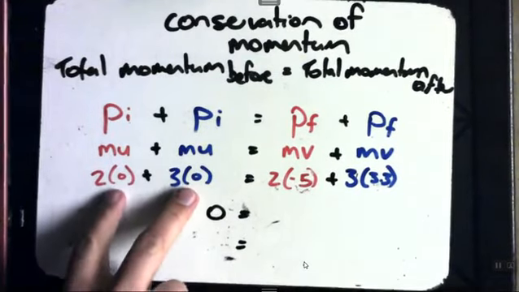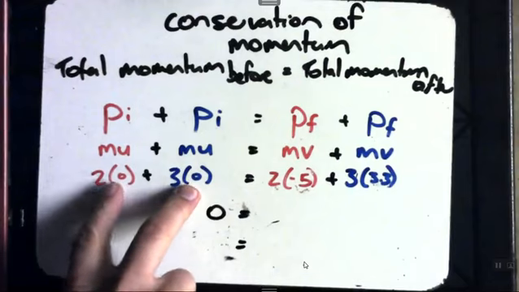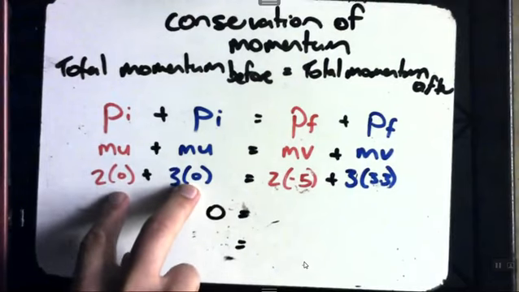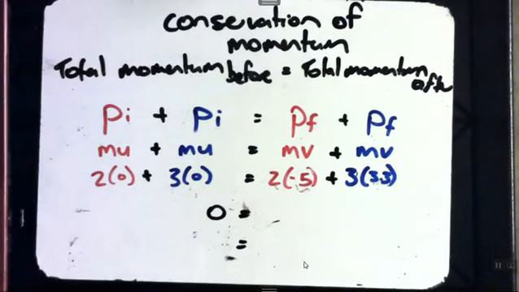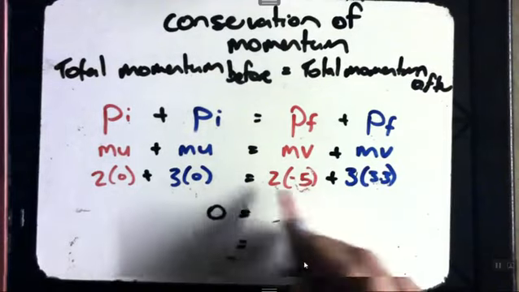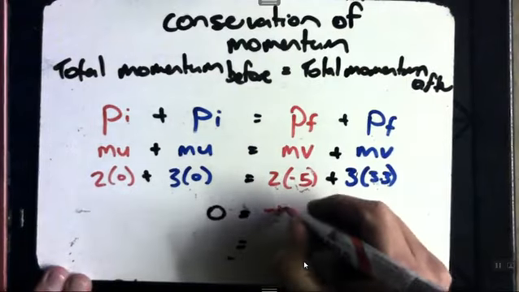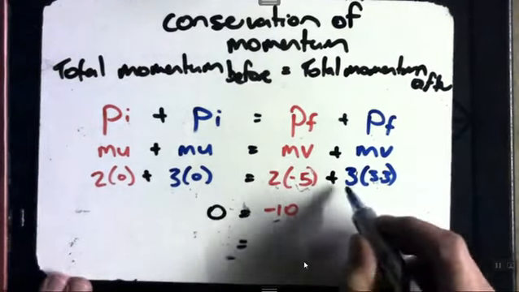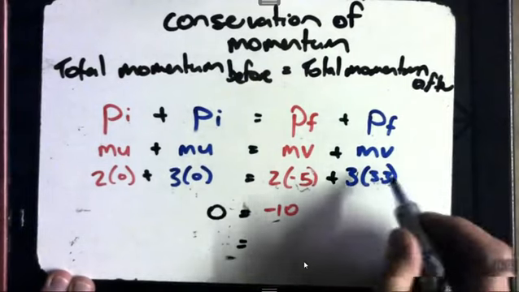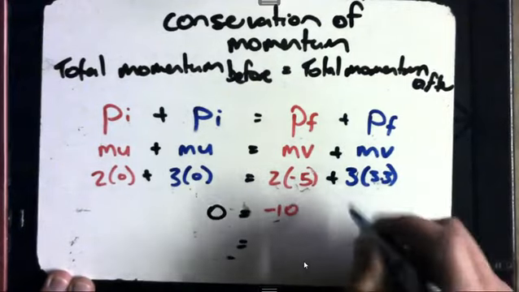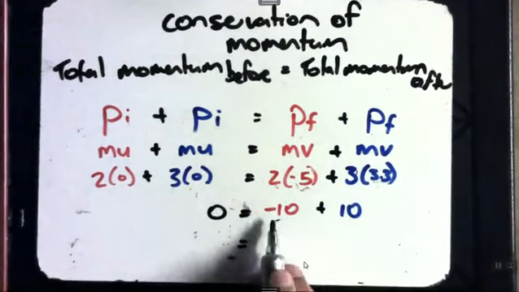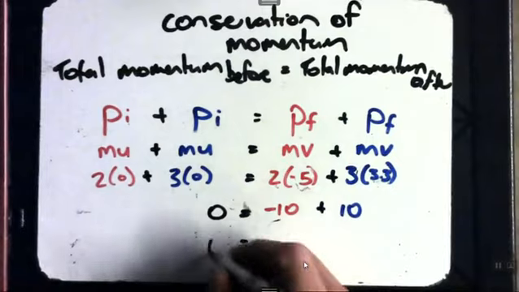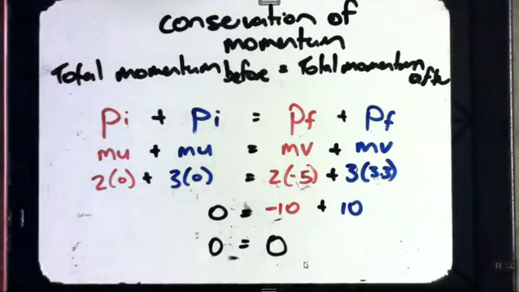So initially, because each one of them wasn't moving individually, they both had 0 momentum. So if I add 0 plus 0, it gives me 0 momentum on this side. So if I say 2 times 5, that gives me negative 10. And if I say 3 times 3.3333, it only showed me 2 decimals, but it's 3 recurring, it would give me positive 10. And hey, negative 10 plus positive 10 gives me 0 on both sides.